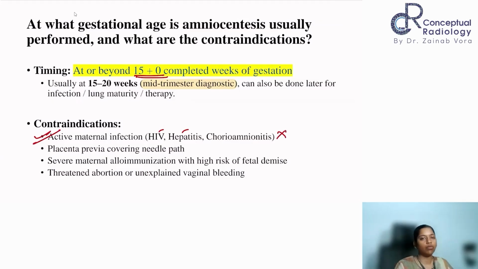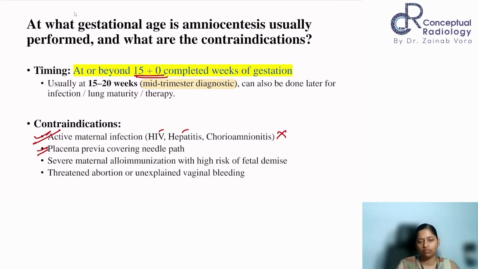Chorioamnionitis is something where you don't want to go right into the infection; manage it, and then you can plan the procedure. Placenta previa, if covering the needle path anteriorly and entirely, and you don't have any other window, so if there is no approach, again, it's a rare contraindication. Usually, radiologists get a path.